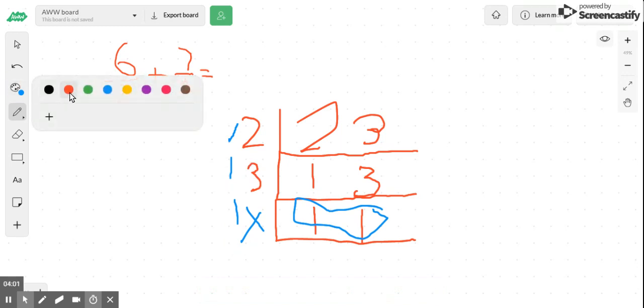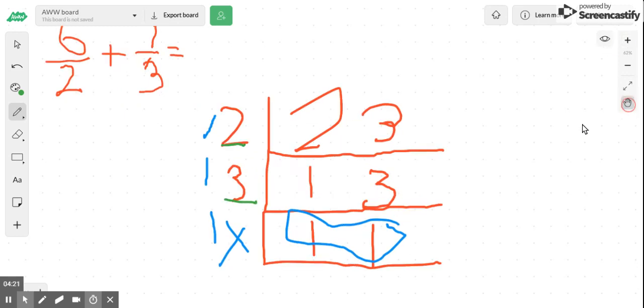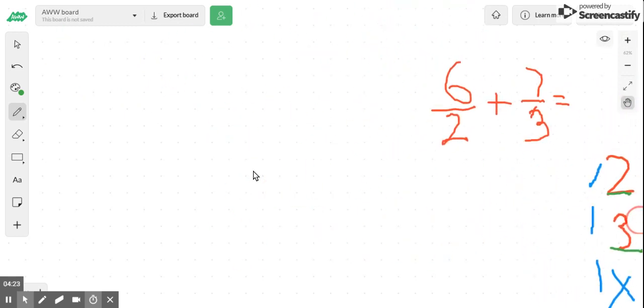So our divisors are 2 and 3. With these two numbers, you multiply them. What is 2 times 3? It's 6. So now our new denominator will be 6. How are we going to make it into 6?